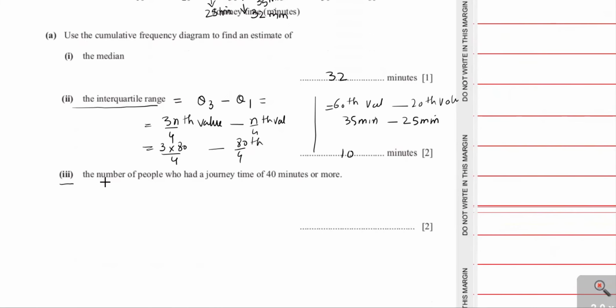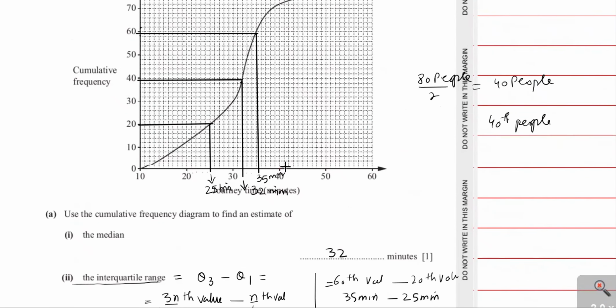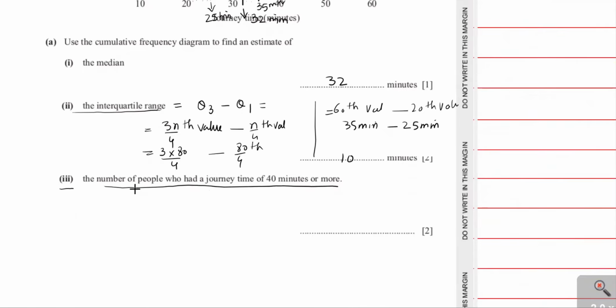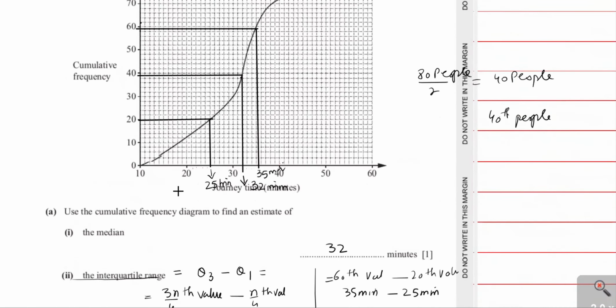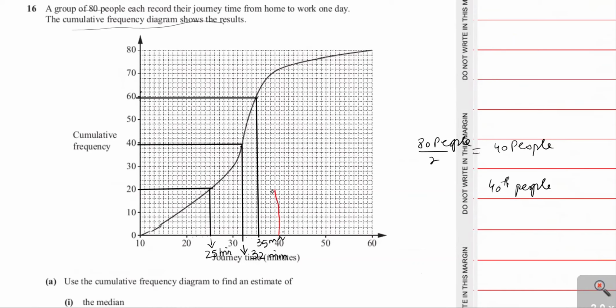Part three, the number of people who had a journey time of 40 minutes or more. To get this number, firstly we will draw the vertical line from the 40 minutes value. This vertical line meets the graph at this position, and we will draw the horizontal line.